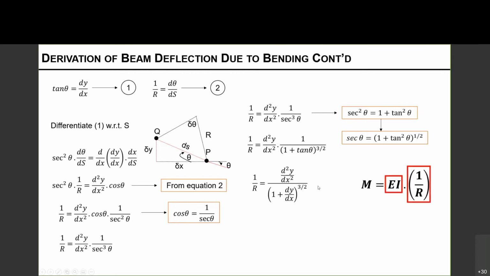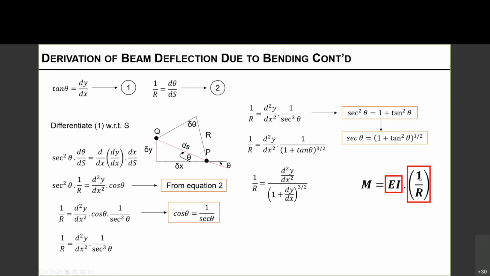And then we remind ourselves of the equation that I showed you from the bending beam equation. M equals the flexural rigidity times 1 over r, which is the curvature. So here also we have the curvature, which is 1 over r. I'm trying to replace 1 over r by M over EI.